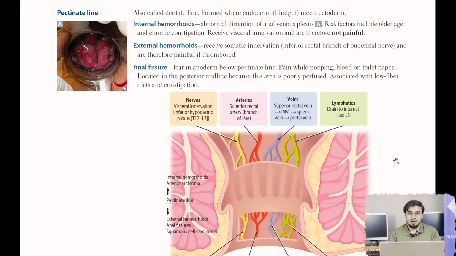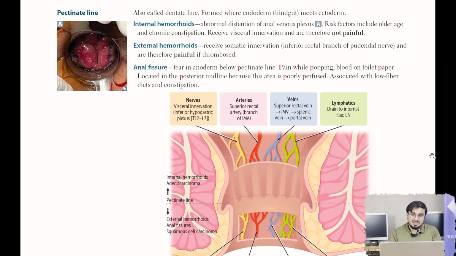That's why internal hemorrhoids are very notorious for not being painful, and continuous bleed might be a challenging scenario for a patient and also for a doctor to know if that bleeding actually is coming from hemorrhoids or some other part of the GI tract.